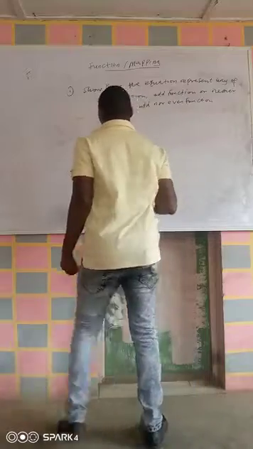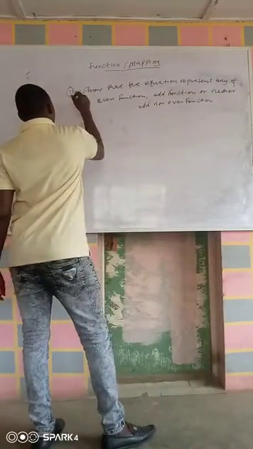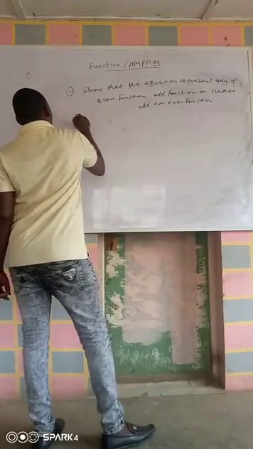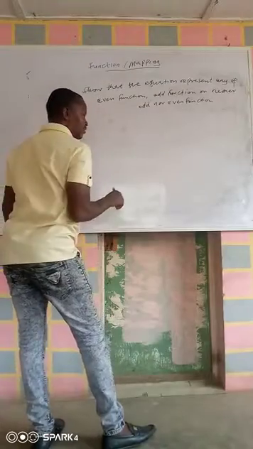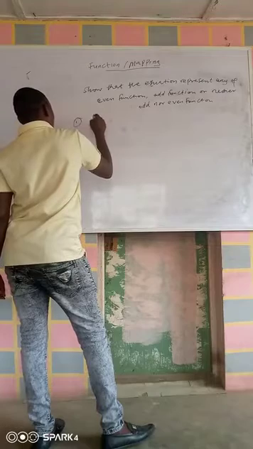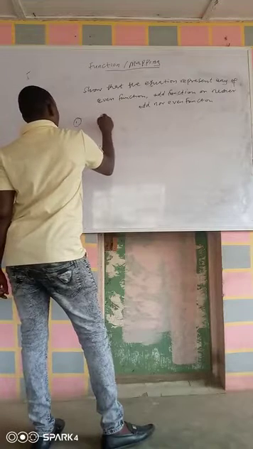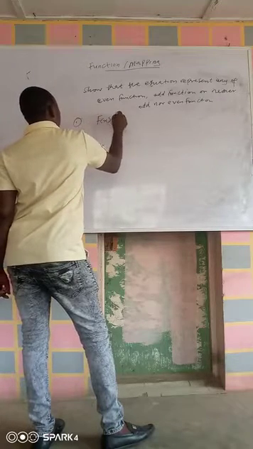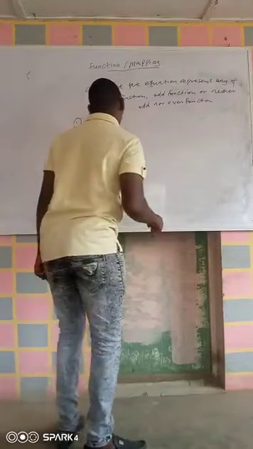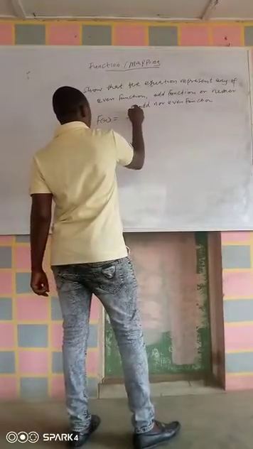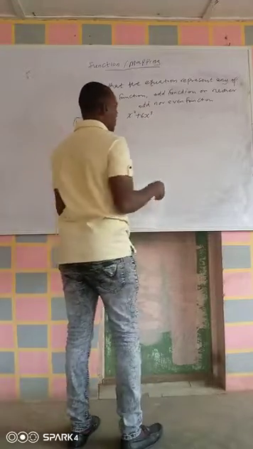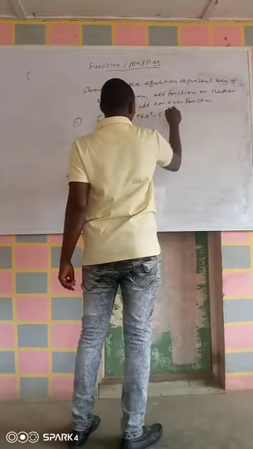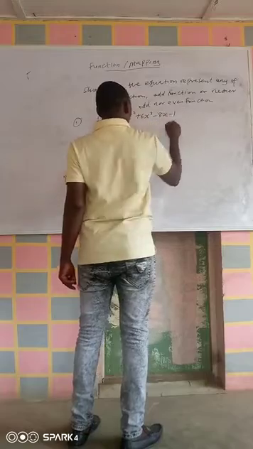Okay, so let's see. That's number 1, Roman figure 1. We are going to have f of s equals s squared plus 6s cubed minus 8s minus 1.